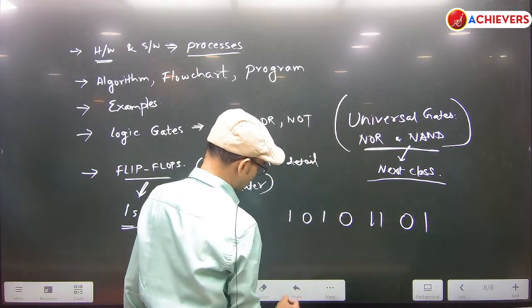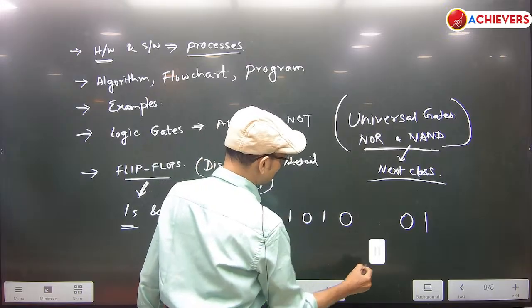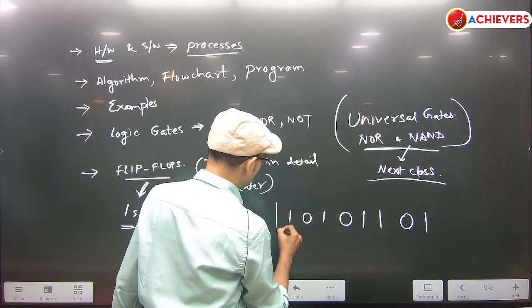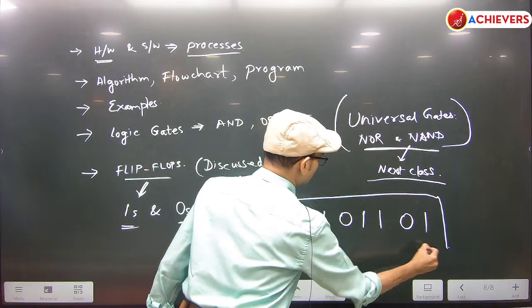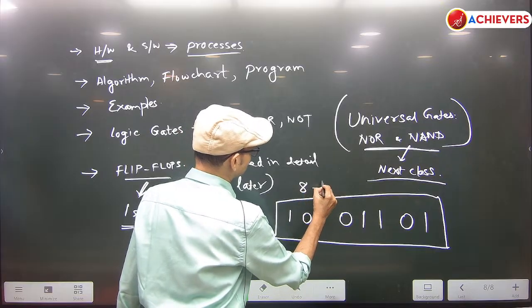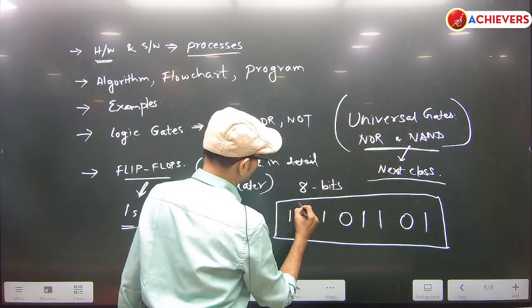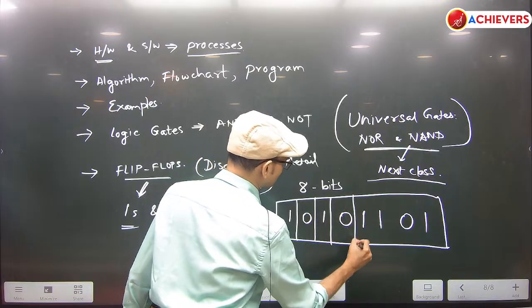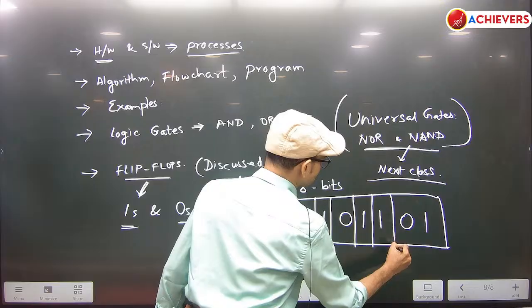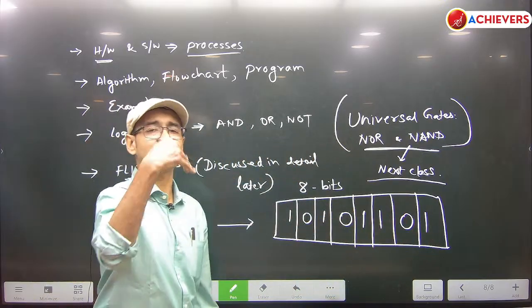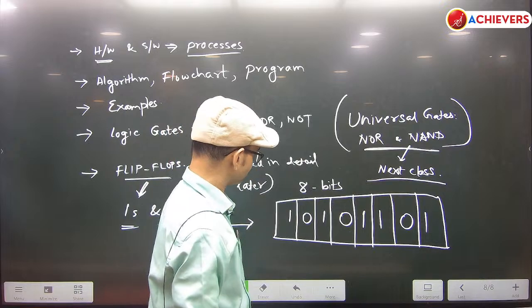Over here, what we can say is we can have a byte. This is the concept of a byte, 8 bits, and each bit represented within a box. This is the concept of a byte that we will be representing in detail in the next class. Okay.